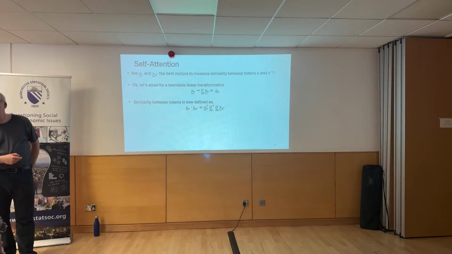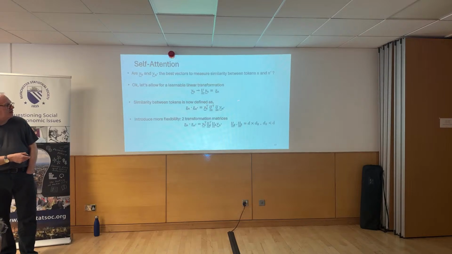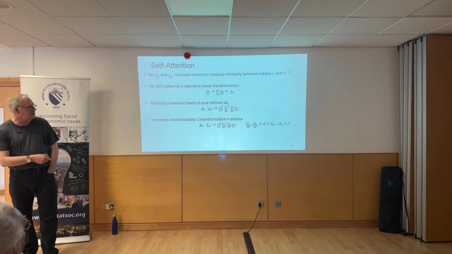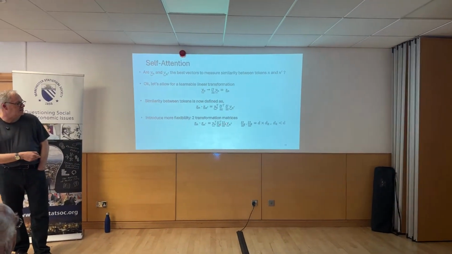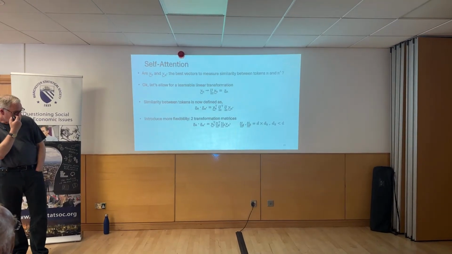Again, a matrix here, U. I'm just going to treat that as another set of model parameters that I have to learn through the model training process. You may note that we've got 2 instances of the matrix U in this inner product calculation. We can add more flexibility if we allow those 2 matrices to be slightly different. So I've added a subscript Q on one of them and a subscript K on the other.